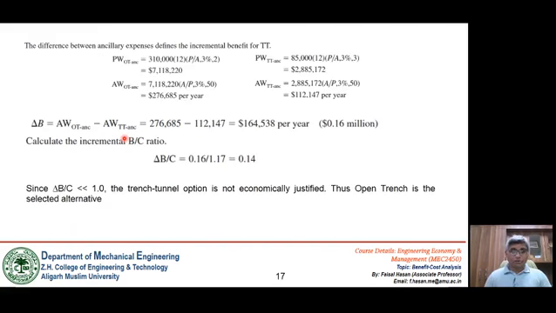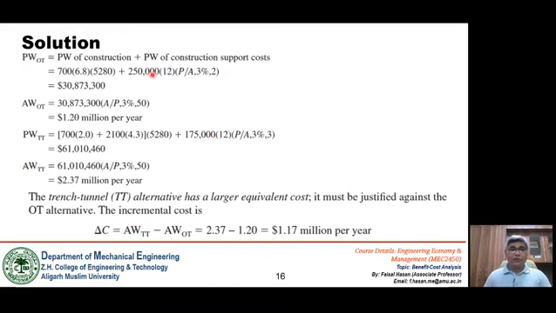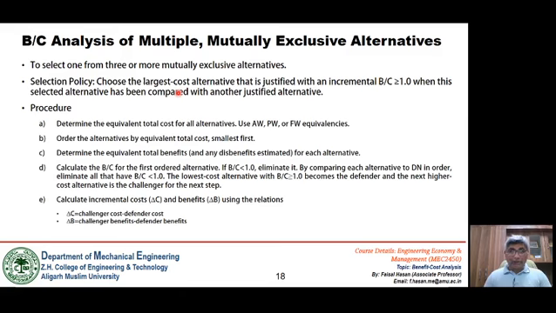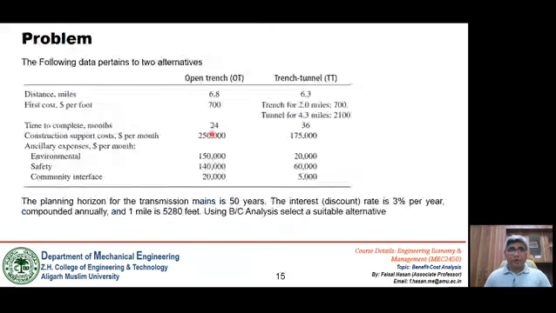But as far as the second cost is concerned, the construction support cost, it is given per month, 250,000. So we have to convert this into a present worth. We have to convert this to the present point in time. Since it is given in months, we multiply by 12. These are annuities extending up to 24 months, and 24 months means 2 years.